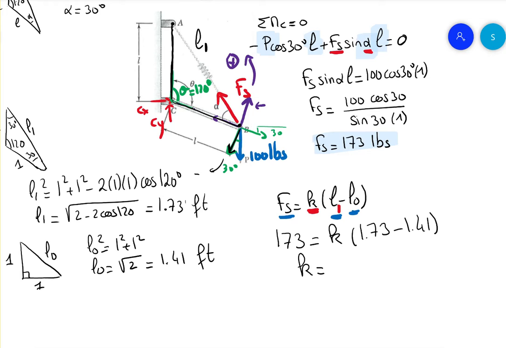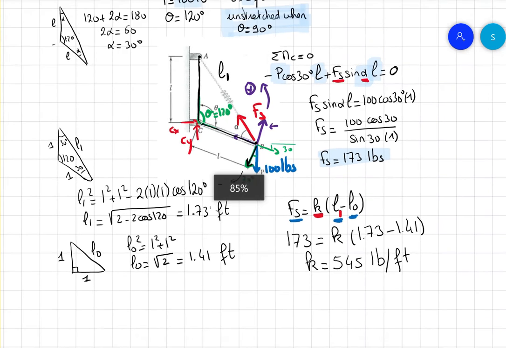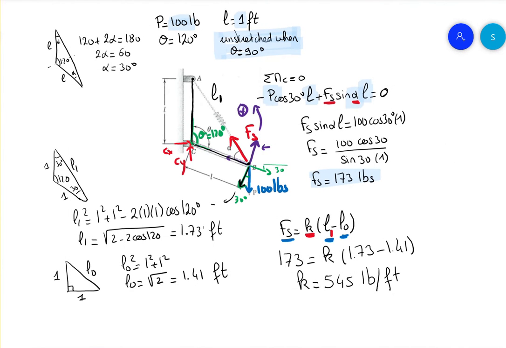And we get K equal to, let me use the exact number, this one divided by 1.73 minus 1.41. 545. And that's pounds per feet, sorry, because I was thinking about another problem that I just made. 545 pounds per foot because that's the unit for this problem.